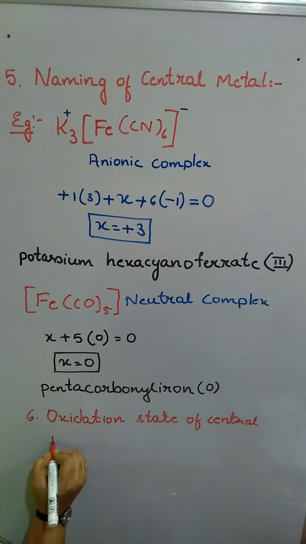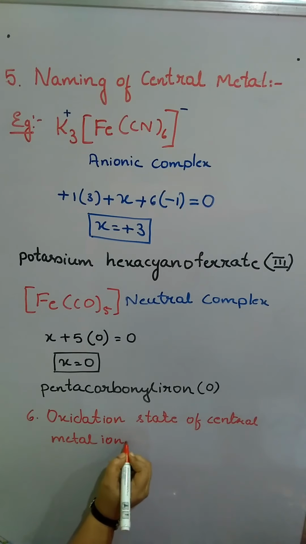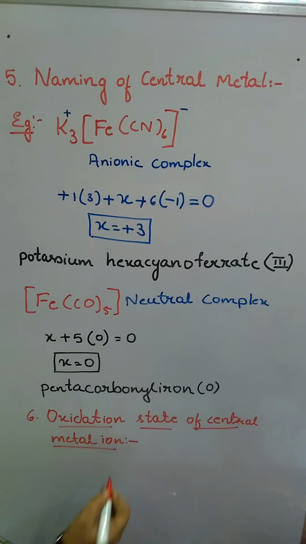So how to indicate the oxidation state of the central metal ion? The oxidation state of the metal has to be indicated in Roman numerals.